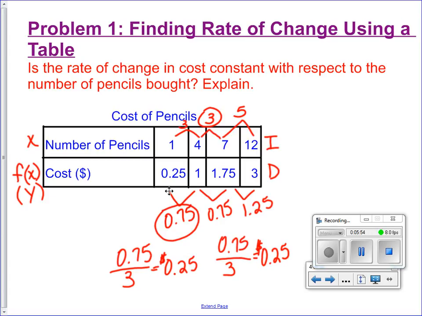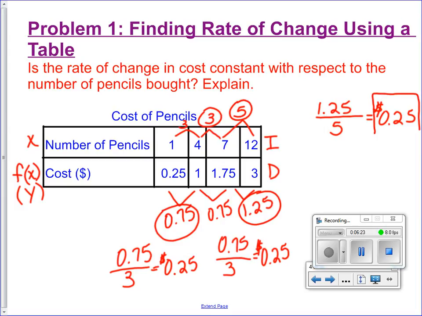So the last one that we want to look at is our last expression. So change in the dependent variable, $1.25, over the change in the independent variable, 5, and $1.25 divided by 5 is 0.25. So is the rate of change in cost constant? Yes, it is.